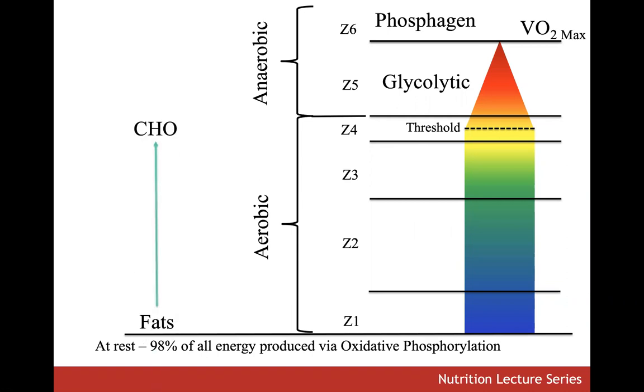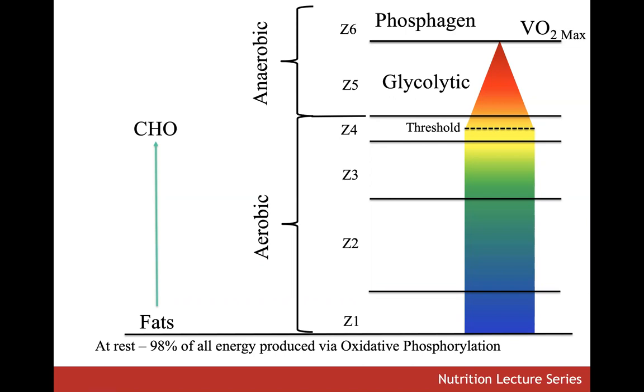Now, when we talk about fuel sources, the aerobic pathway utilizes fats and carbohydrates to produce ATP. It's all intensity dependent. Now, once we get to our lactate threshold, which is again that line between the body primarily creating ATP via aerobic versus anaerobic pathways, since everything above threshold is anaerobic, like we just said, carbohydrates are the only fuel source that are utilized by the anaerobic pathway.